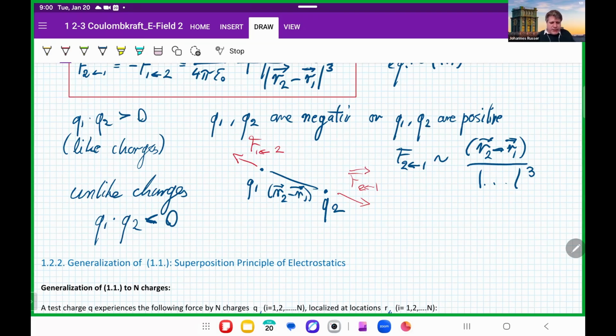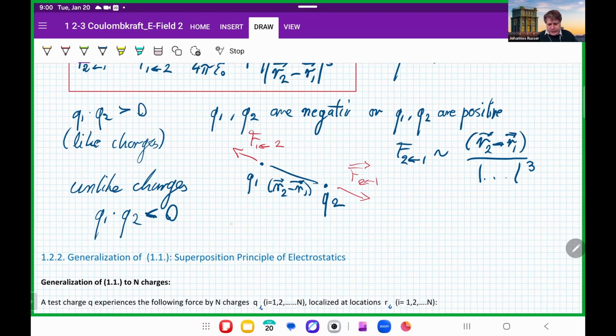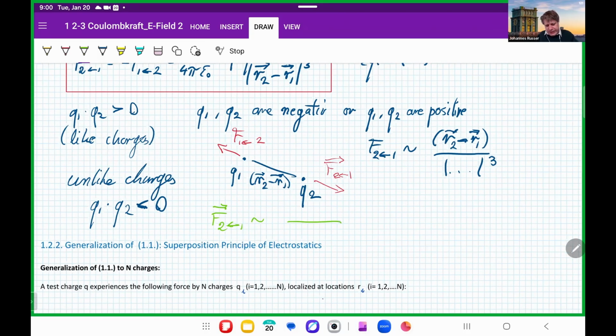And now if you look at the case where you have the unlike charges, then the force on 2 due to 1 is mostly the same, but now you see that due to the product of these two charges being negative, you have here a minus, and you get the distance vector R2 minus R1 again, here to the power of 3.